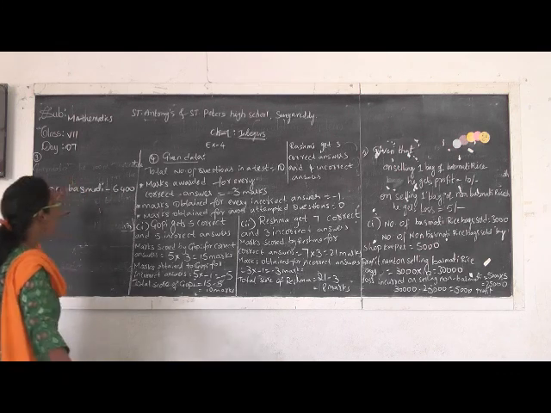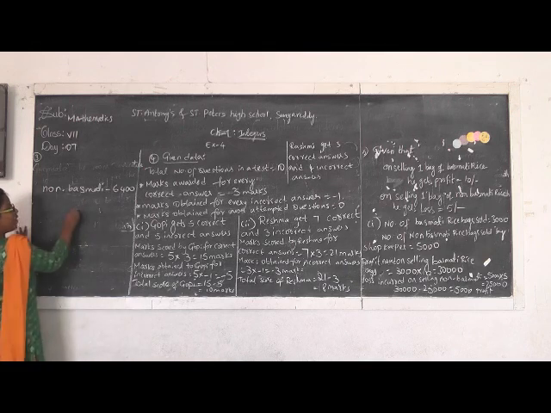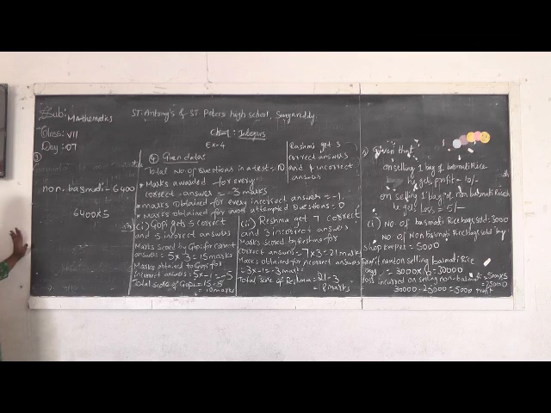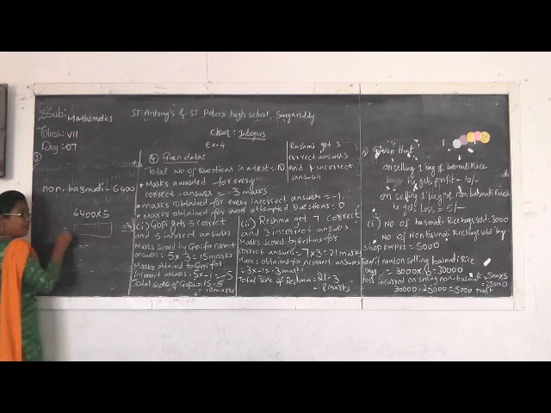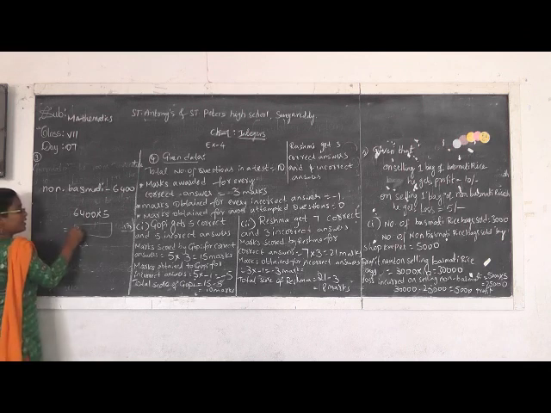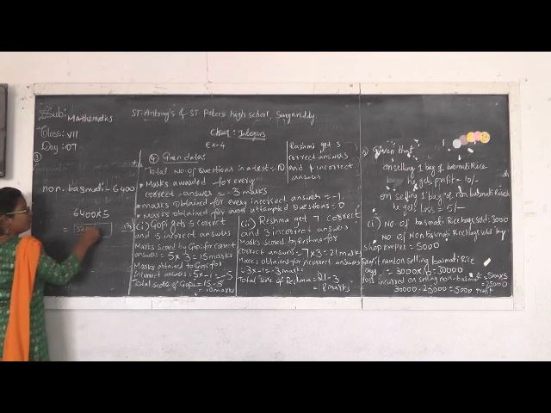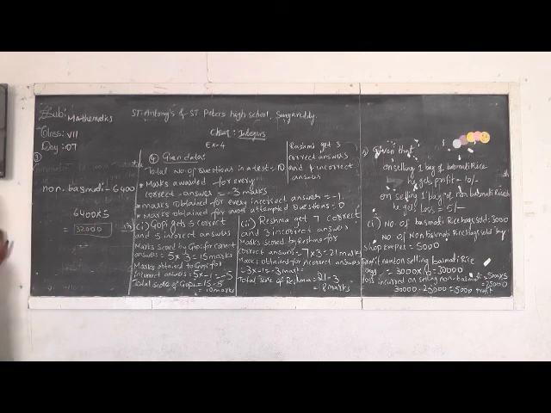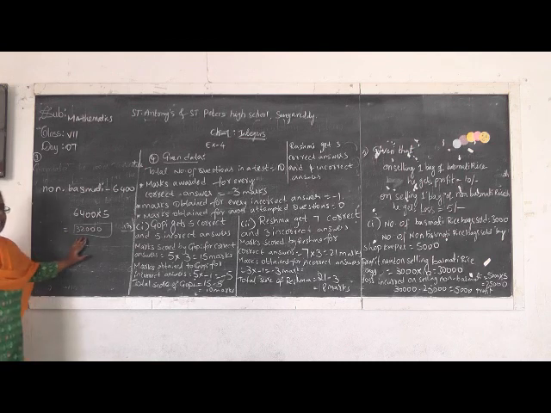Simply, you have to multiply this 6,400 by how many rupees he is getting as loss: 6,400 into 5. So you will get one value here. Yes, 32,000 you will get. Then you divide these 32,000 by 10.